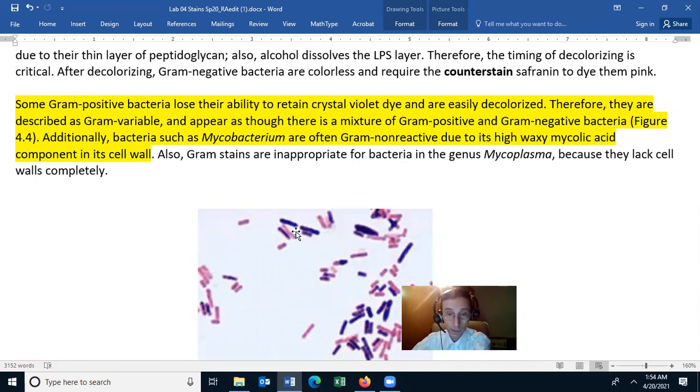And the reason why you're getting this Gram variable result is the Gram stain should only be using freshly grown cells. For you guys, freshly grown cells mean that they've grown for 2 days or less. If anything beyond 2 days, they're not freshly grown.